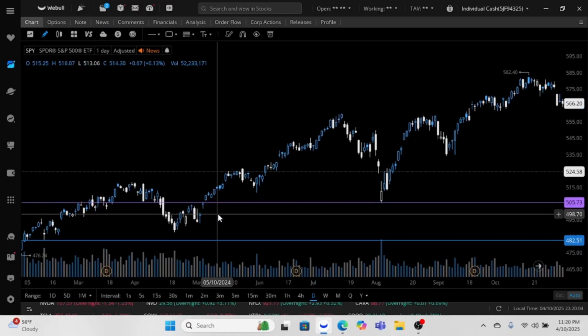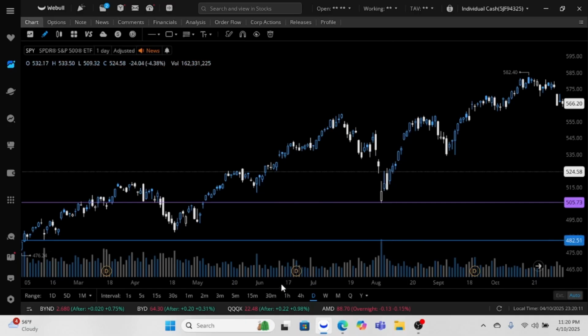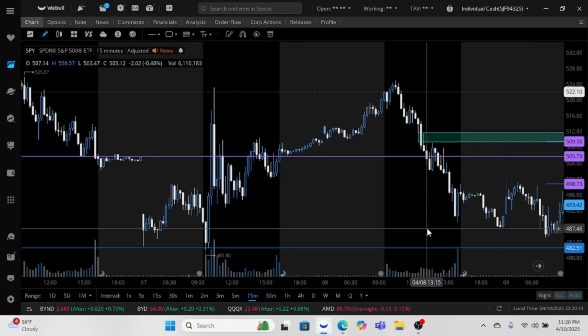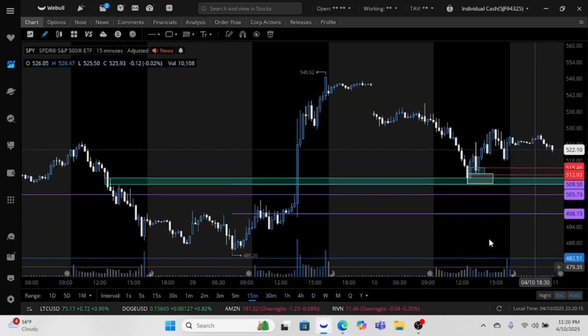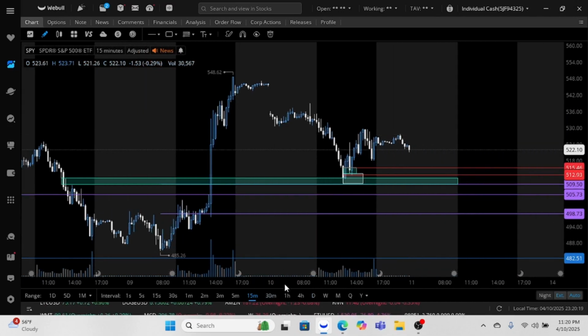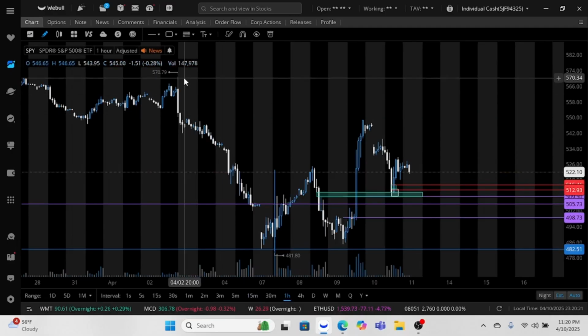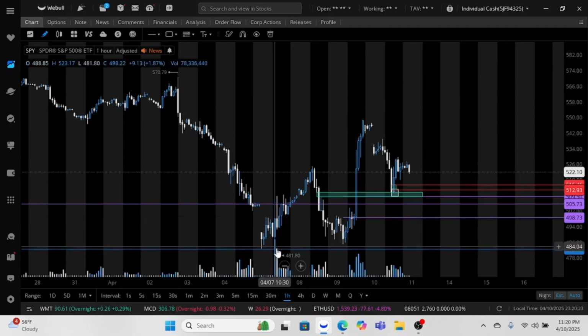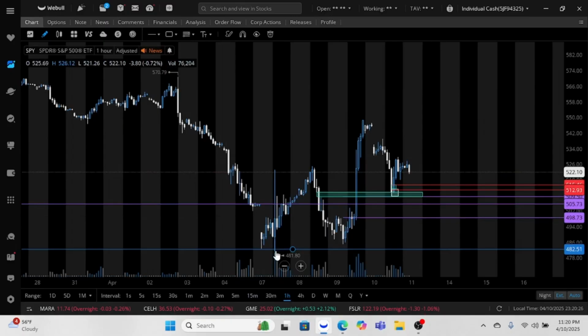And once it gets there, you have to look and see, does the market structure shift? Now, a market structure shift is just like this. We come down, we have an objective that was met. What did price do when we got to the objective?